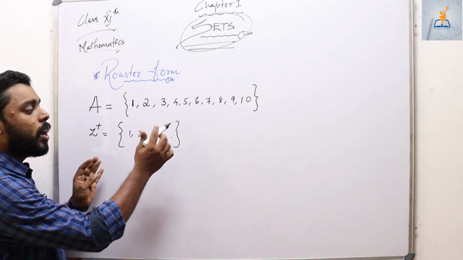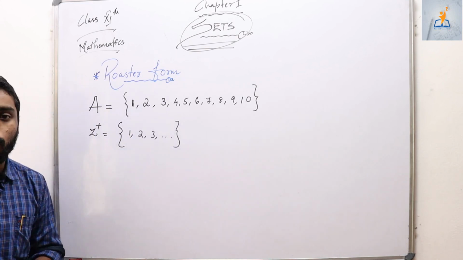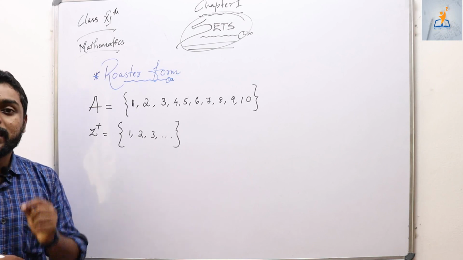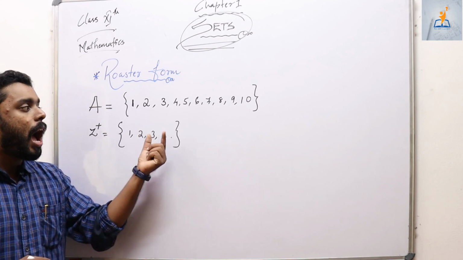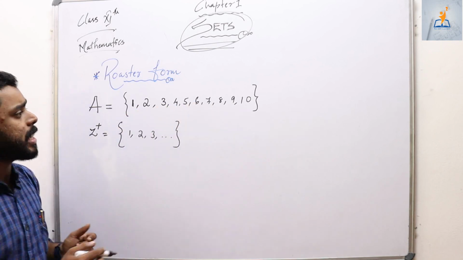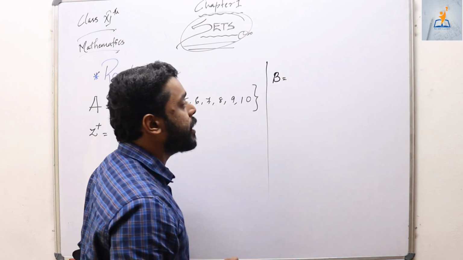That's it. So in order to represent any set by roster form, you have to list each and every element of the set separated by commas, and you have to put that list in curly braces. Now, suppose that you are asked to write, let B be the set of all English vowels.